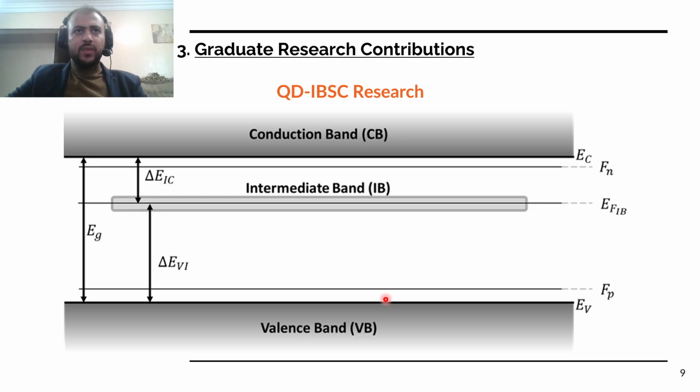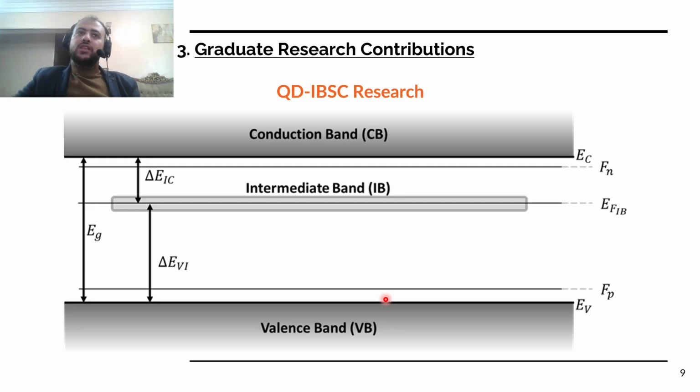And in my graduate studies in my master's, I focused more on the research of quantum dot intermediate band solar cells. The main goal of such technology is to introduce an intermediate band in the band gap of the main matrix solar cell semiconductor.